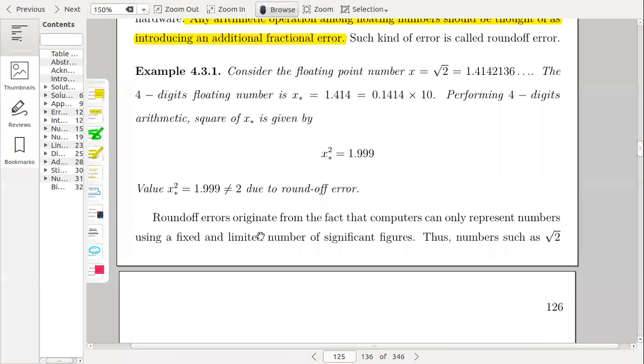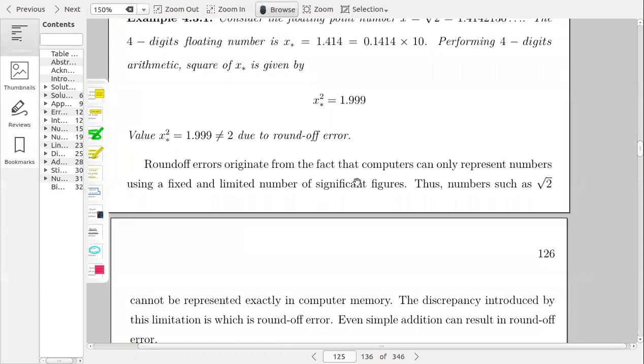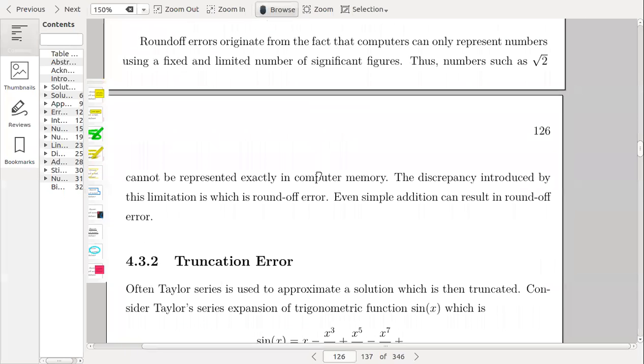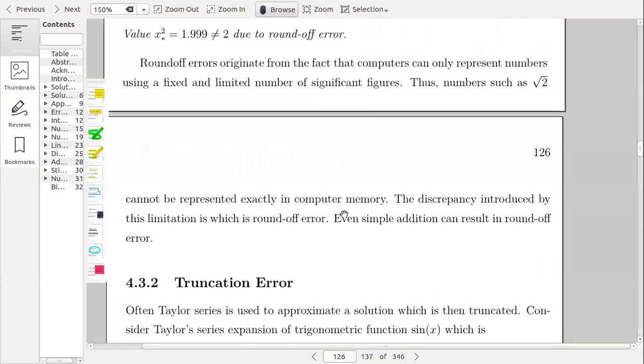Round off errors originate from the fact that computers can only represent numbers using a fixed and limited number of significant figures. Thus, numbers such as square root of 2 cannot be represented exactly in computer memory. The discrepancy introduced by this limitation is round off error. Even simple addition can result in round off error.